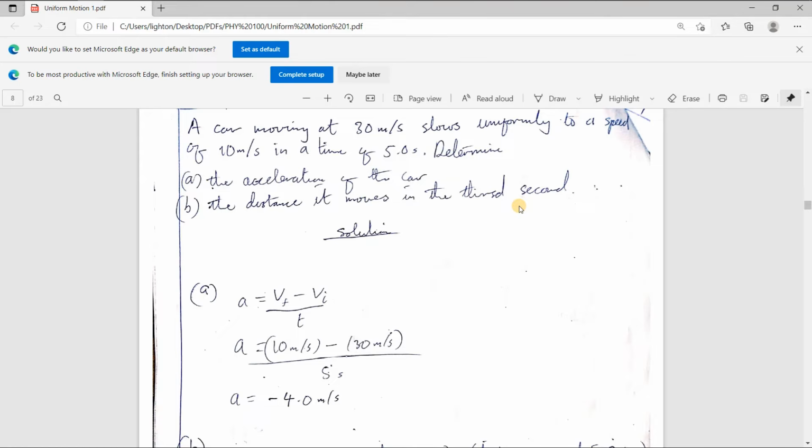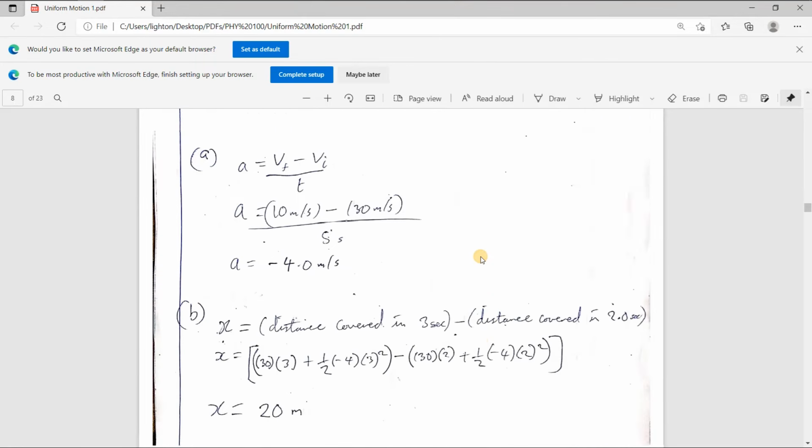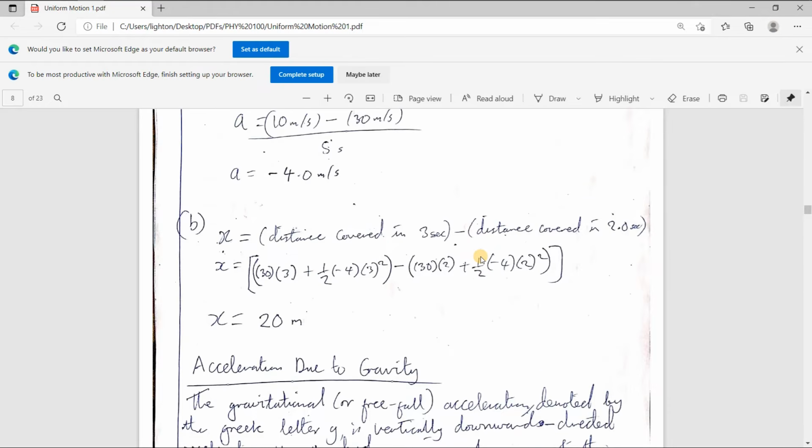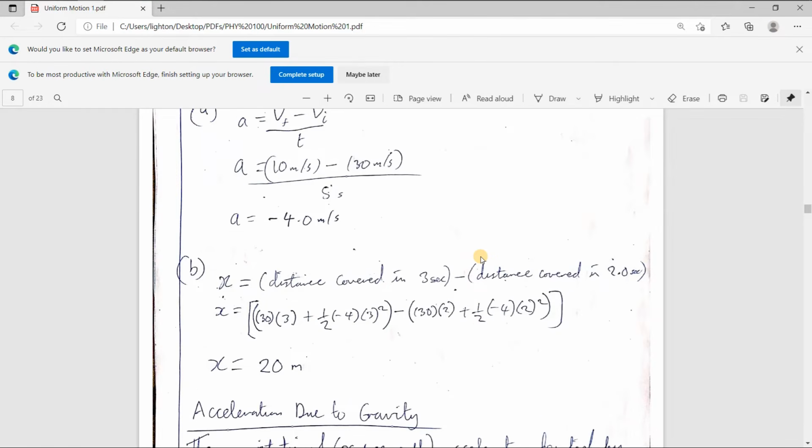Okay, in the third second only, that's what we want. So to get the third second, we must subtract the distance moved in 3 seconds minus the distance moved in 2 seconds. That's how we get the distance covered in the third second. Okay, all right.